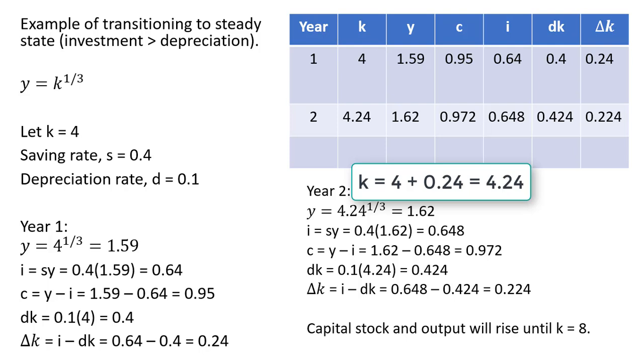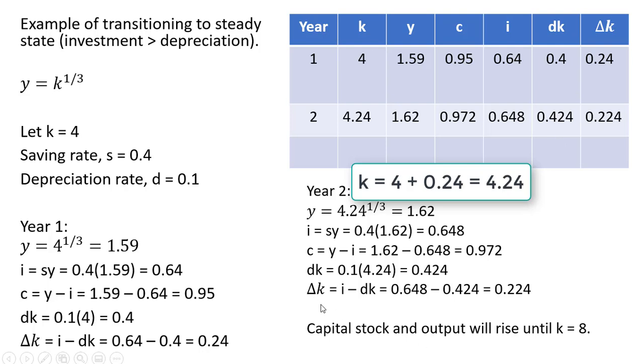When output, or you could say income as well, is 1.62, investment is going to be 0.648. So that's where I is coming from. And that means consumption now will be 0.972. The total amount of depreciation is going to be 0.1 times our capital stock, or 0.424.